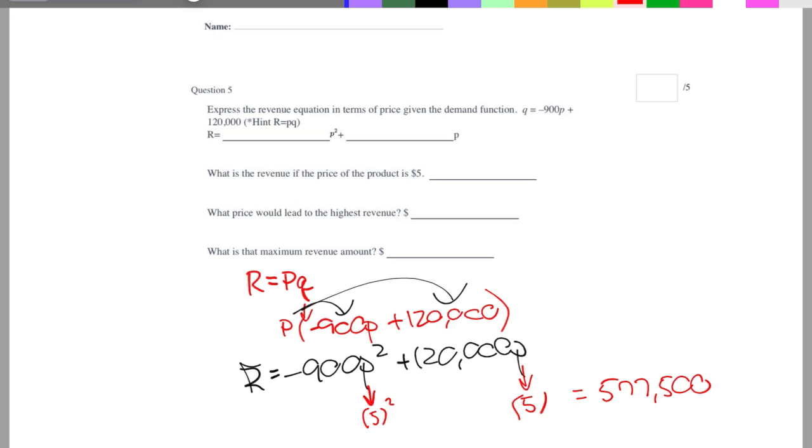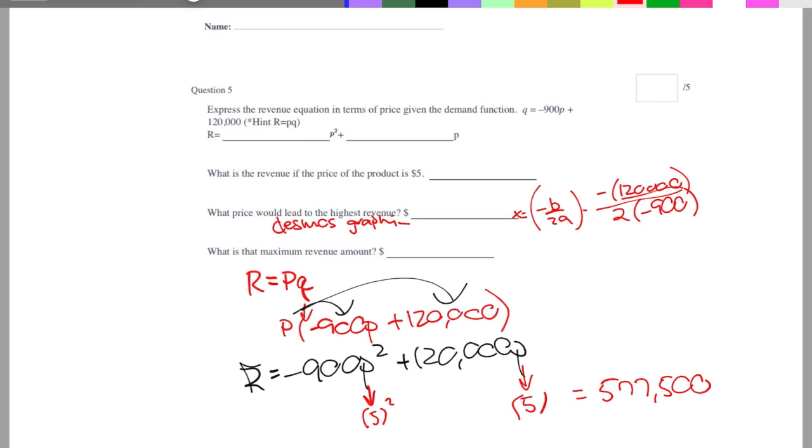What price would lead to the highest revenue? I would definitely graph at this point. We would use Desmos graphing to get this. Or we can use the function negative b divided by 2a to find that price. So in this situation, our b value would be 120,000. And we'll divide that by 2 times negative 900.